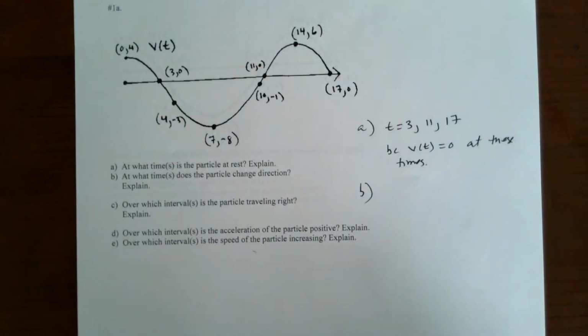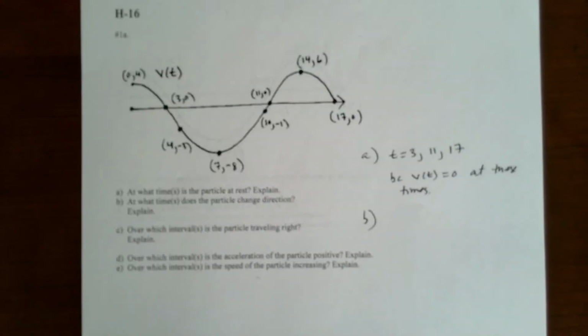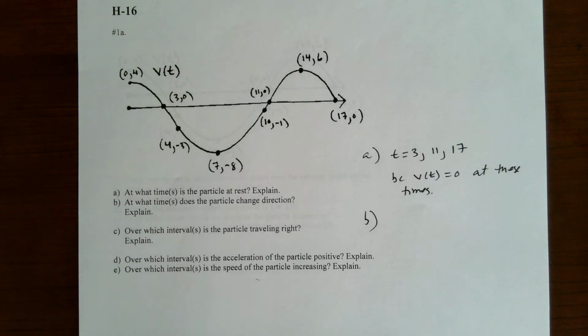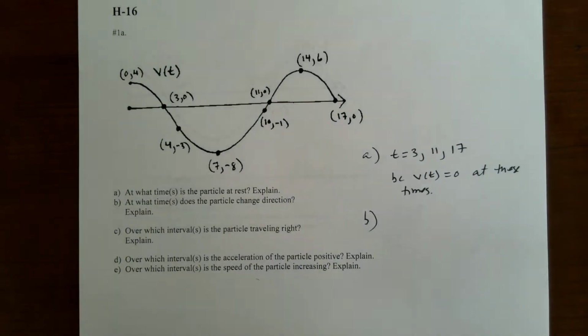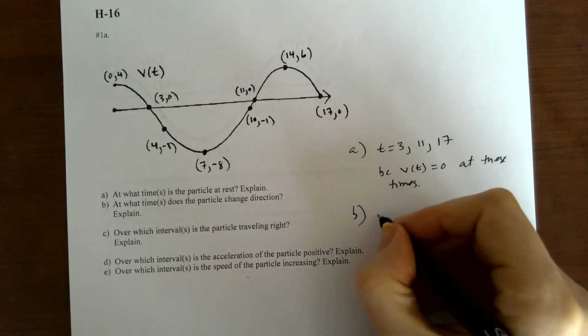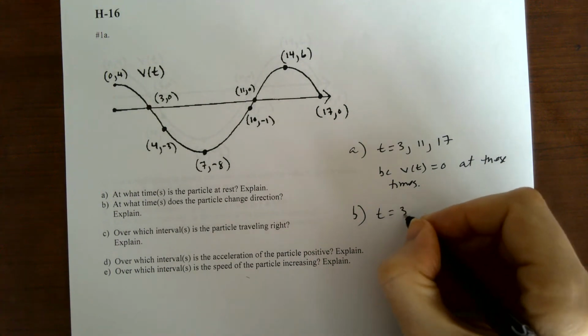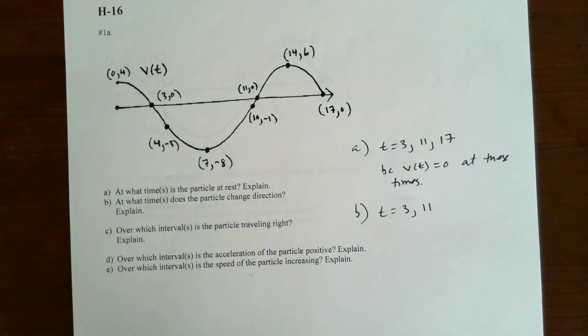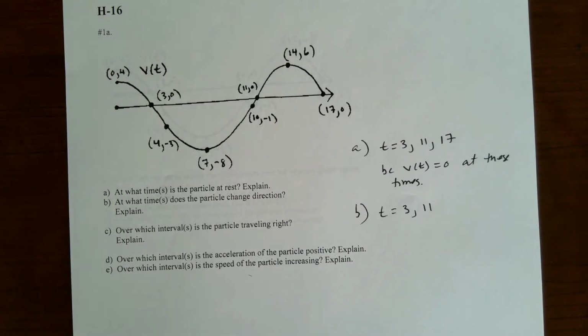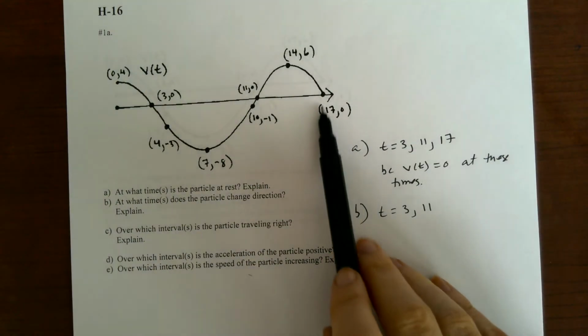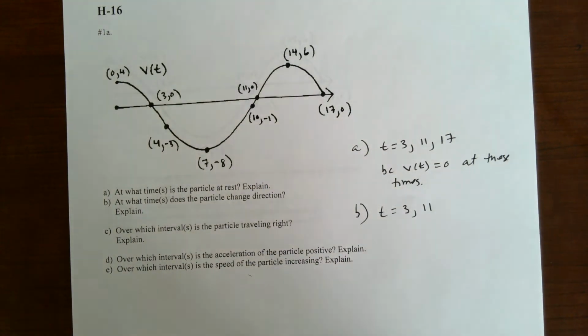So guys, if you're looking at a velocity graph, where it changes sign, so where it changes from positive to negative, or negative to positive, is when the graph crosses the x-axis, all right? So the times are going to be at 3 and 11, but guys, at 17, you can't tell.